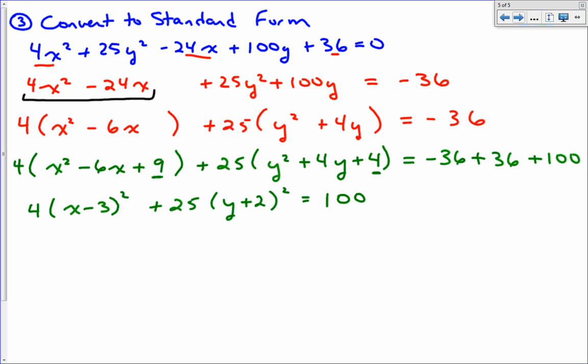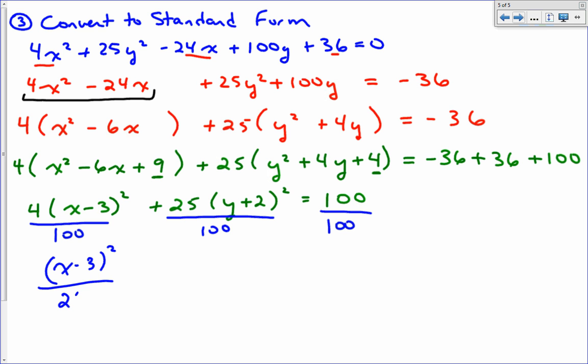I can just take each term on both sides of the equal sign now, divide everything by 100, and I have x minus 3 squared over 25 plus y plus 2 squared over 4 equals 1. So now it's in standard form.